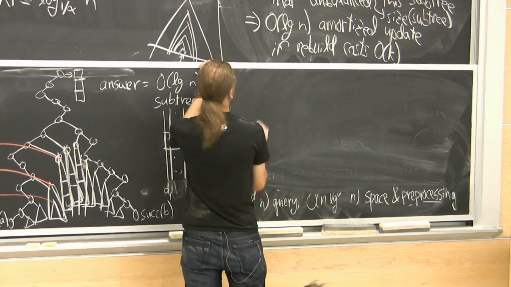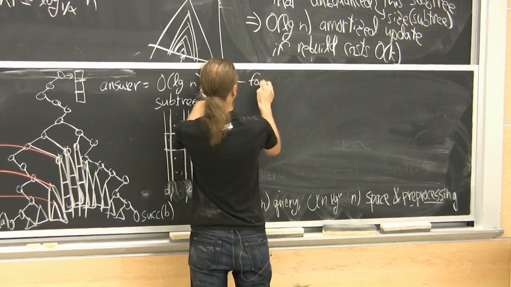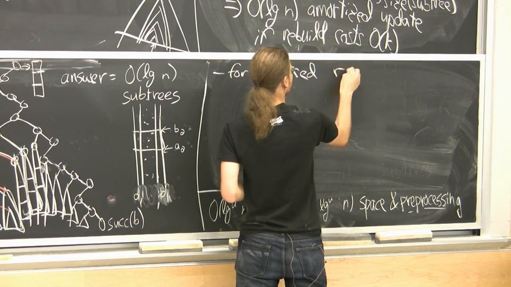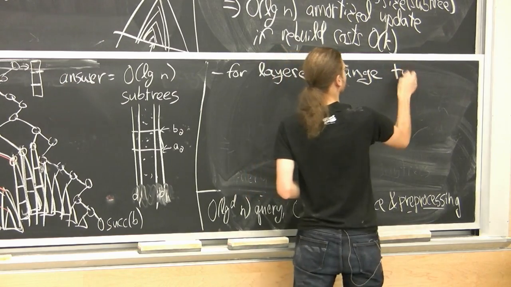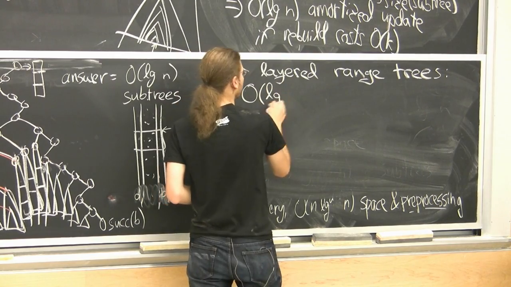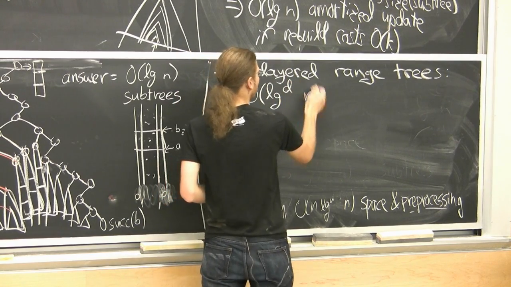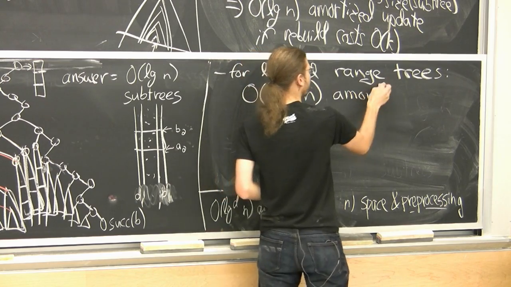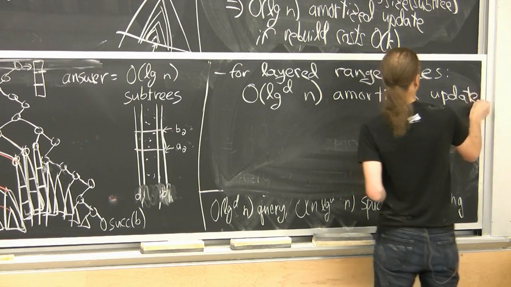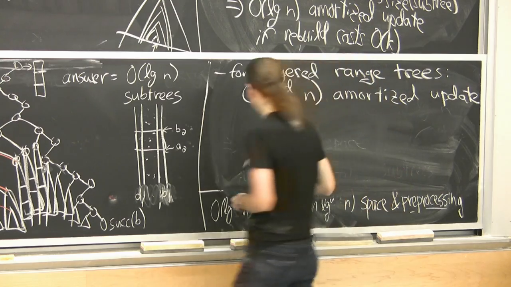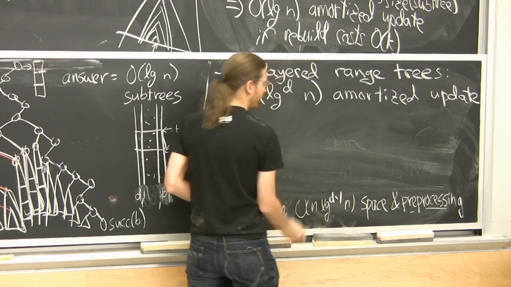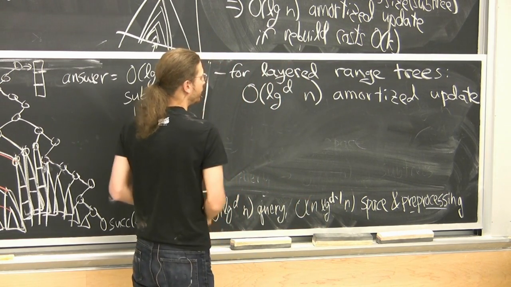So that was the generic structure. And now if we apply this to layered range trees, we get log^d n amortized update, because we had k times log^(d-1) of k preprocessing to rebuild the node.